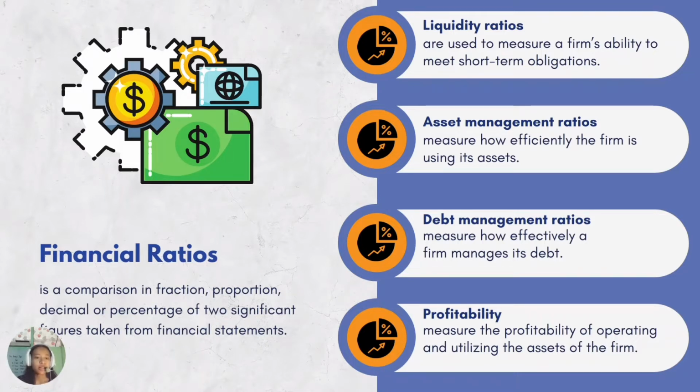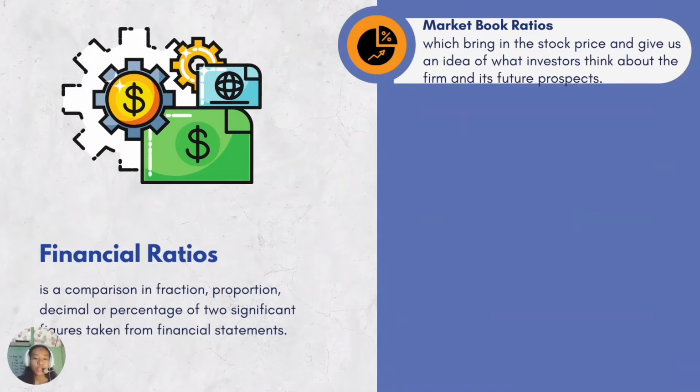These are the liquidity ratios, which are used to measure a firm's ability to meet short-term obligations; the asset management ratios, which measure how efficiently the firm is using its assets; the debt management ratios, which measure how effectively a firm manages its debt; profitability, which measures the profitability of operating and utilizing the assets of the firm; and lastly, the market book ratios, which bring in the stock price and give us an idea of what investors think about the firm and its future prospects.